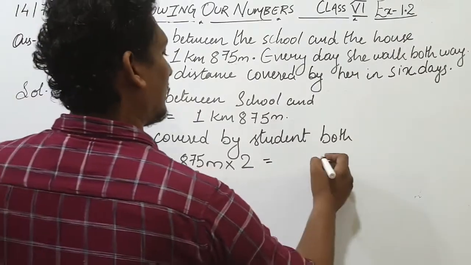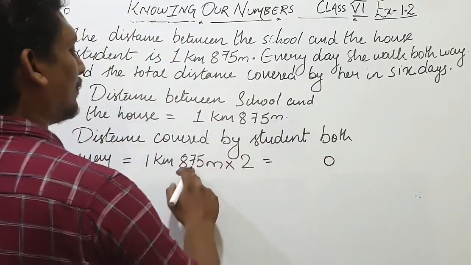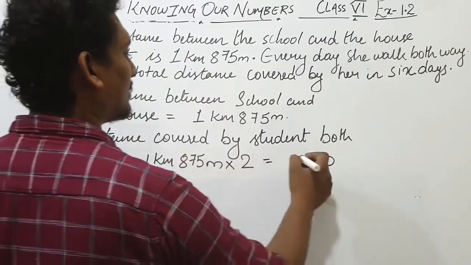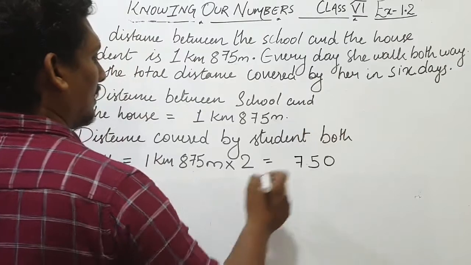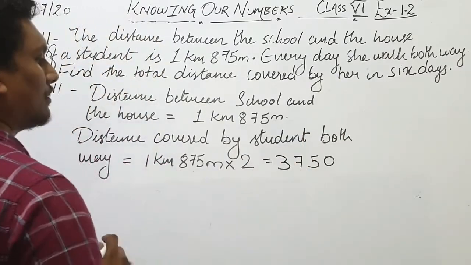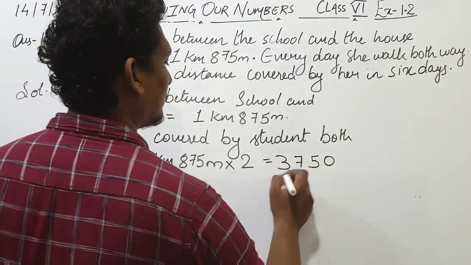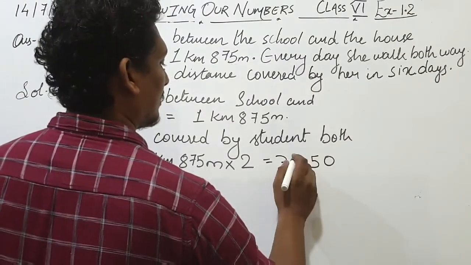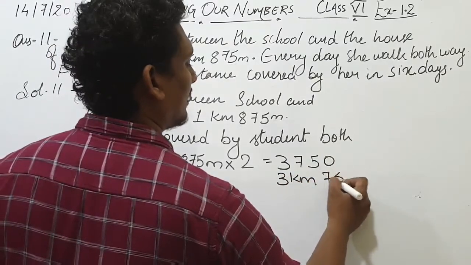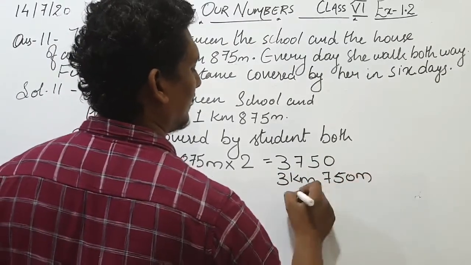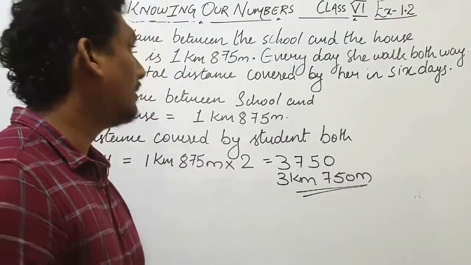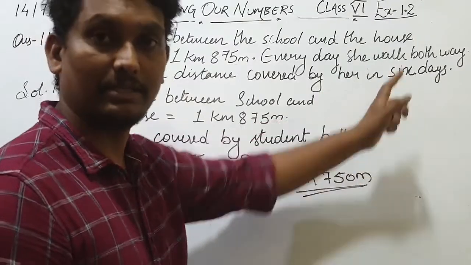So 2 5s are 10, 1 carry, 2 7s are 14, plus 1 15, 1 carry, 2 8s are 16, 16 plus 1 17, and 2 1s are 2, 2 plus 1 3. So the answer is 3 kilometer 750 meter.